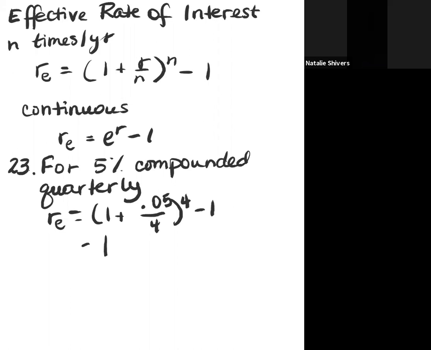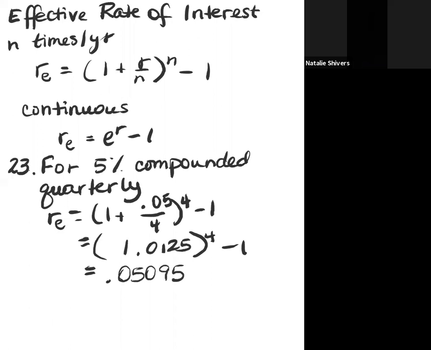So 1 plus 0.0125 to the 4th minus 1. And when I type that in, obviously I could just erase this and make this 1, and I get 0.05095. And there's more decimals, but you'll see why I do this.